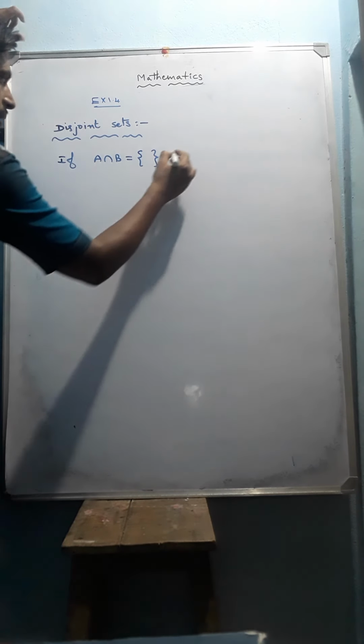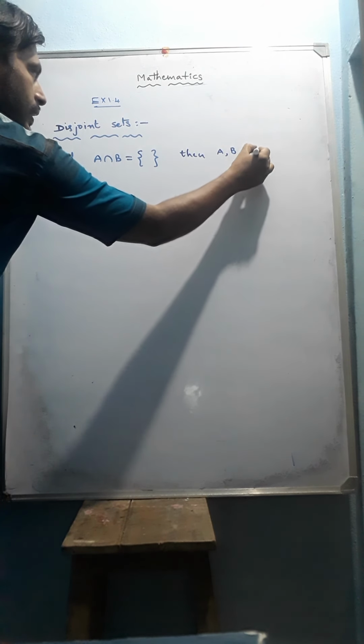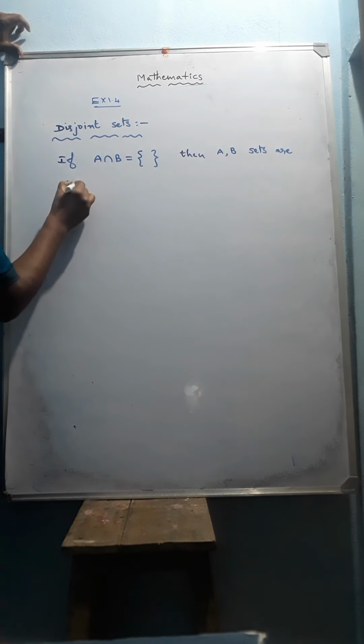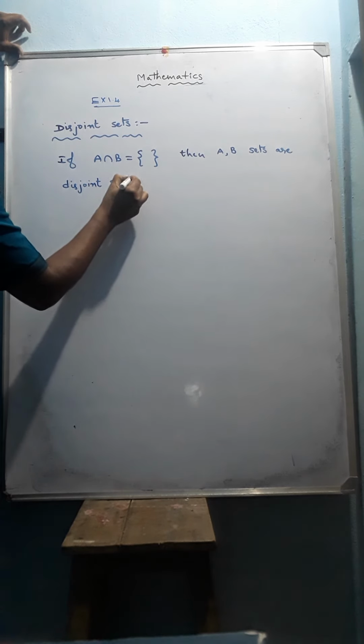Disjoint sets, that means if A intersection B is equal to null set, that means phi, then A comma B sets are disjoint sets. Okay.